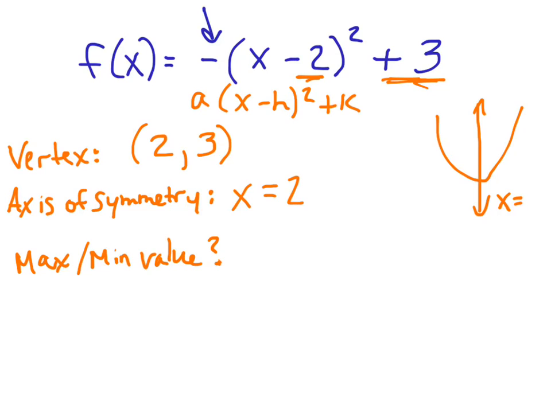So this one is negative, and that indicates that this parabola opens down, and therefore it would have a maximum value. And then that maximum value is just the y value, its height or its function value. So we would say that the maximum value is going to be the y-coordinate of the vertex, so its maximum value is 3.